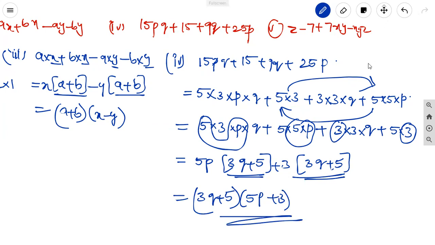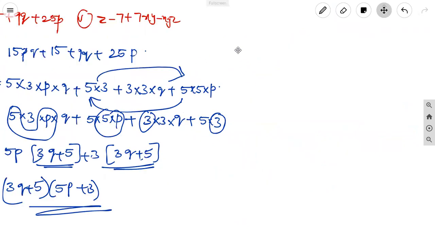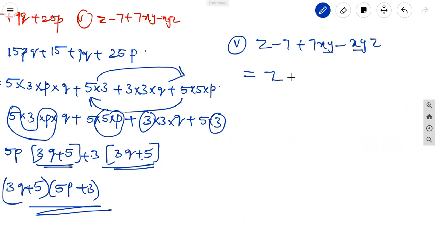Okay. Next, fifth question: z minus 7 plus 7xy minus xyz. Here xy is common, then 7 minus z. Okay, it is equal to z minus 7 plus 7 into x into y minus x into y into z. Here 1 is common in the first two terms, so it is minus (7 minus z).